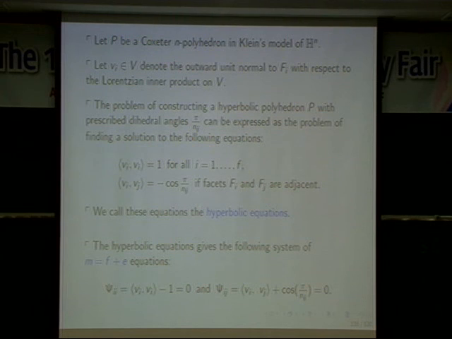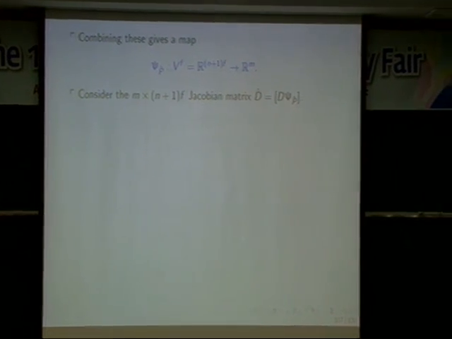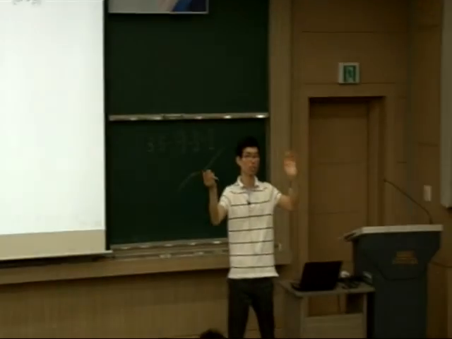So using this hyperbolic equation gives another polynomial equation. Combining this, we can get the psi. Then using this one, we can make the Jacobian matrix. So we have two Jacobian matrices. One is from the Weinberg equation, another from the hyperbolic equation.